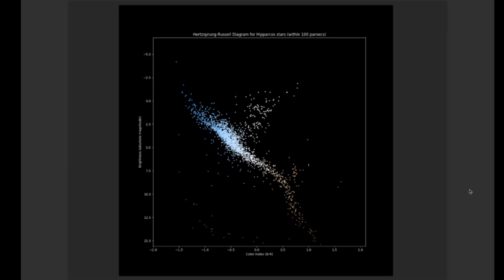But nonetheless, the Hipparcos one does show quite clearly there's a main sequence, and there's these red giants up in the red zone, and there's some blue white dwarf stuff down in the lower left. And this is what an HR diagram is supposed to look like. This is what Hertzsprung and Russell first realized about 110 years ago, that there was some very important, interesting stuff going on here.